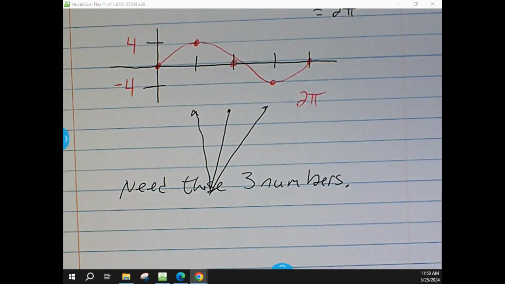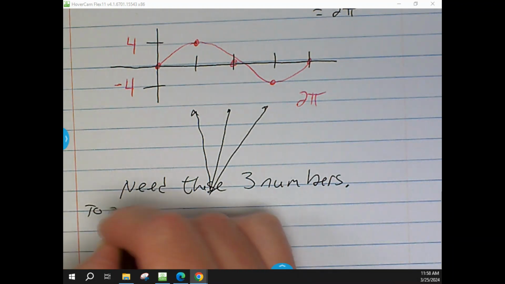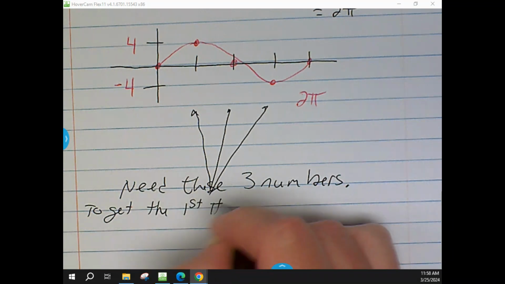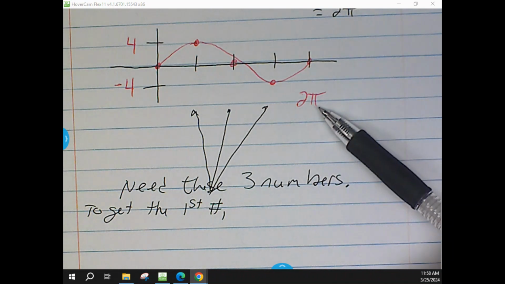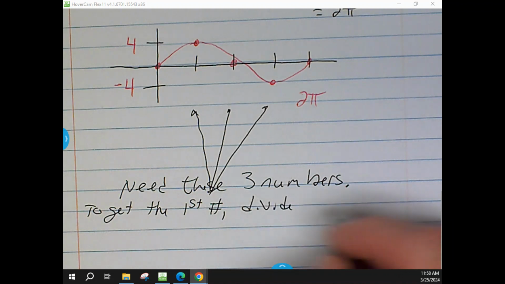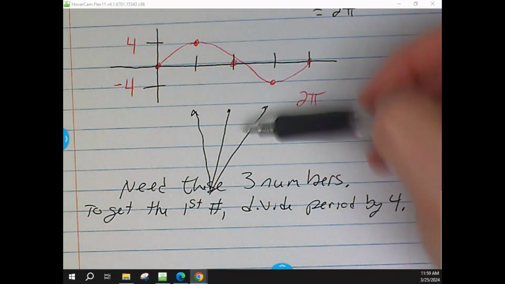It all has to key on the first number. So to get the first number, you're going to take the number we got here for the period, this 2 pi in this case, and divide it by 4, because we've got it cut into 4 pieces.